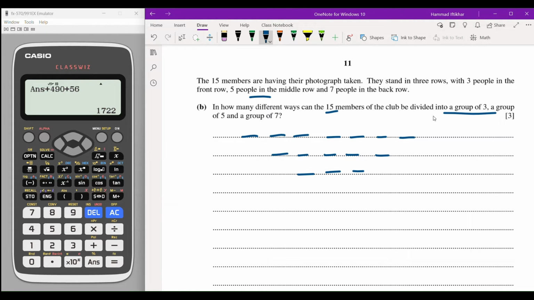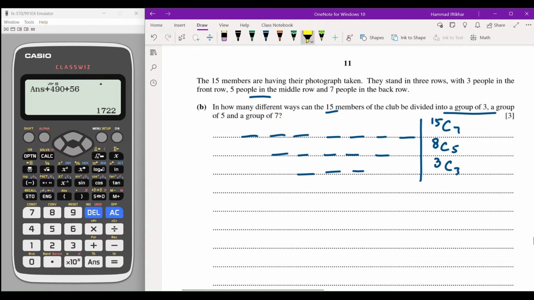Now we have 15 members, so for the first 7, the back row, 15C7. Since 7 people have been selected, 8 people are left, so 8C5. And then how many people are left? 3 people, so 3C3.